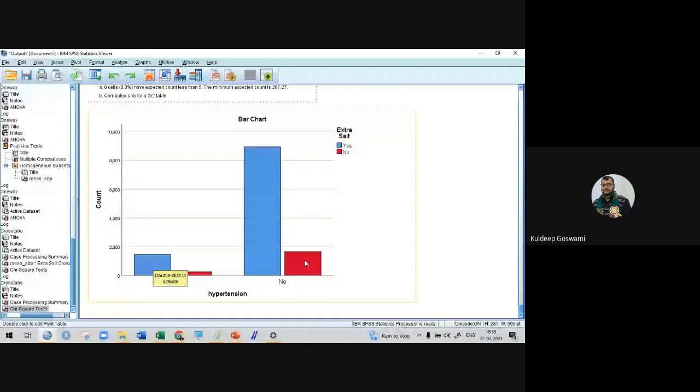Again, depending upon your needs, you will have some extra tables, like for exact it is okay. Statistics, you use chi-square and also correlation, then Continue.